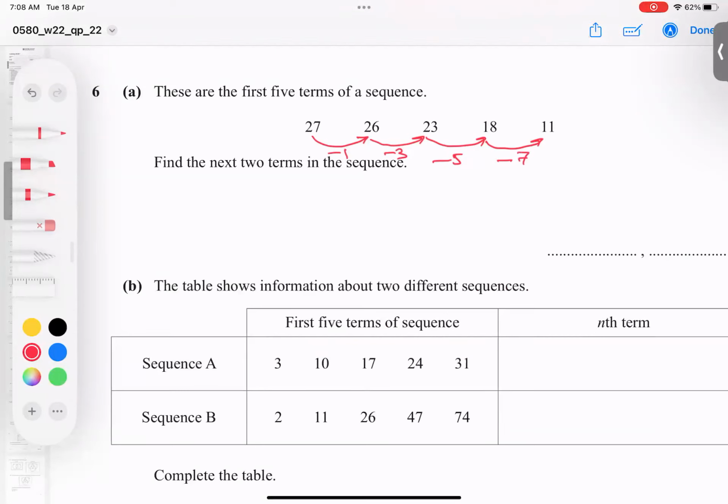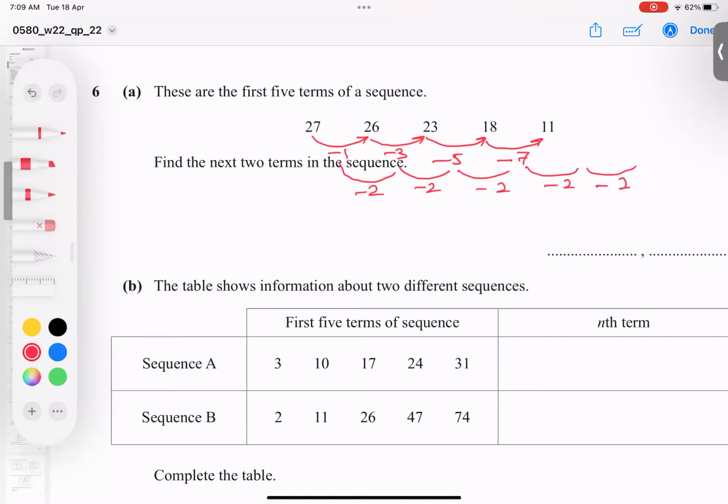Okay. So now after this, you can see this is a difference, -2. This is a difference, -2. This is a difference, -2. Next difference, -2. And the next difference is also -2.